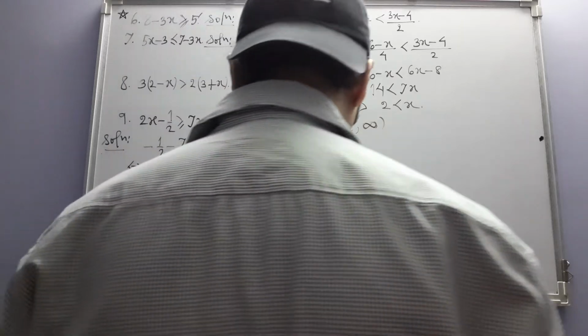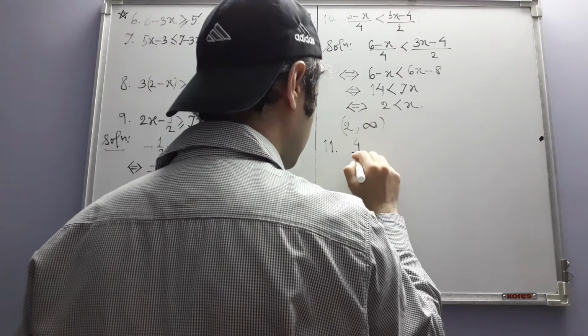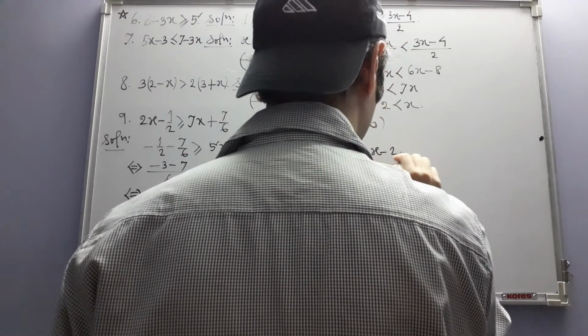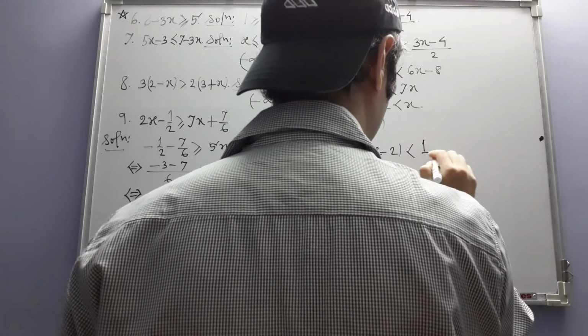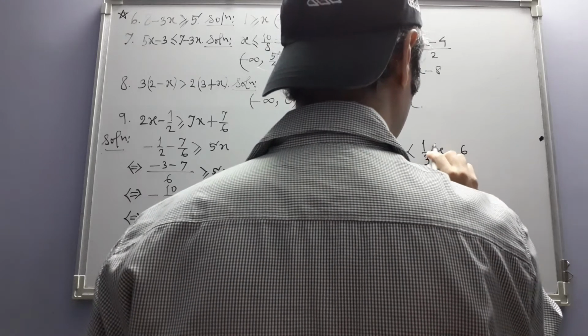Two more are there. 11. 4 divided by 5 times (x minus 2) is less than this.